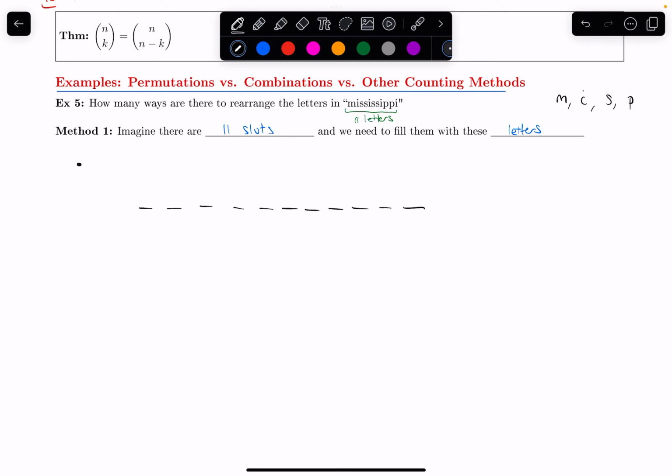So what I can do is break this down into different steps. Maybe I can first "place all the S's," then all of the I's, then all of the P's, and then all the M's. It doesn't really matter which letter I do first.